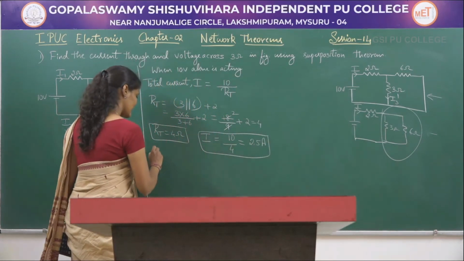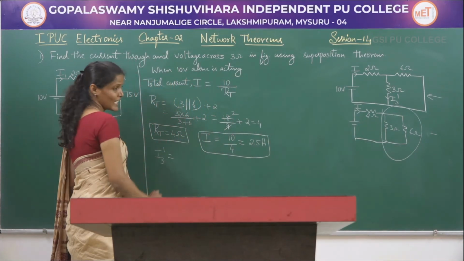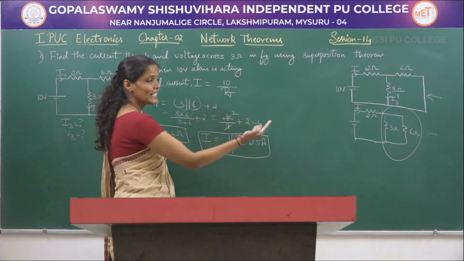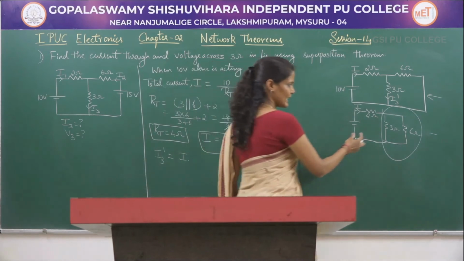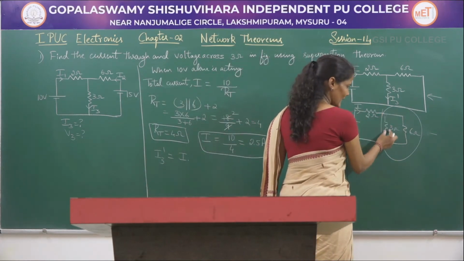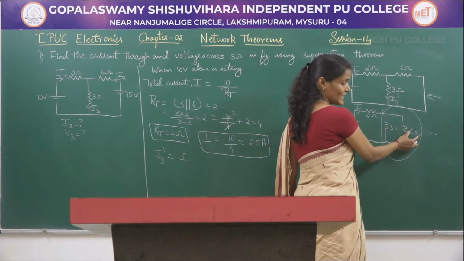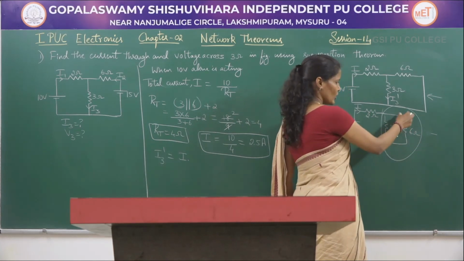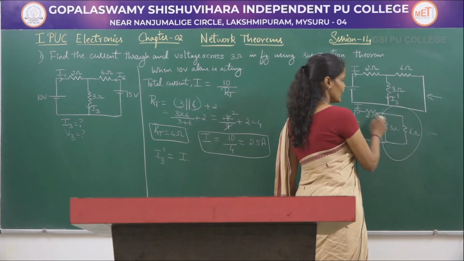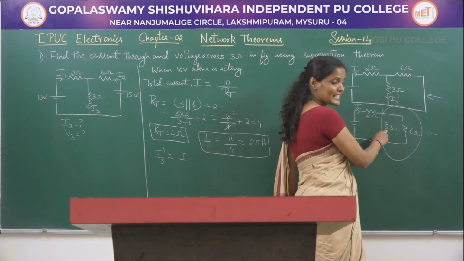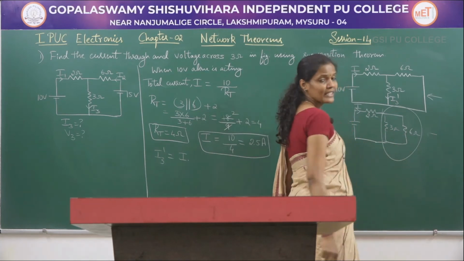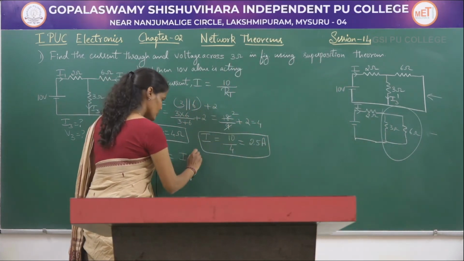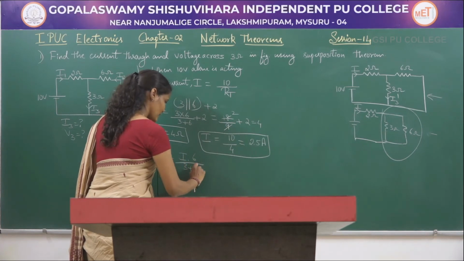So let me denote it as I3 dash is equal to the total current I into the other resistance, since I am measuring the current in this branch, you have to consider the other resistor, divided by the sum of these two resistors. When you are measuring current across 3 ohms, it is the total current I into 6 divided by 3 plus 6.